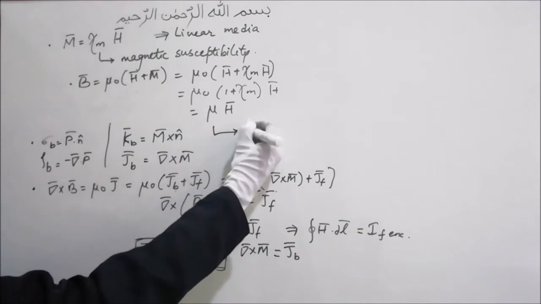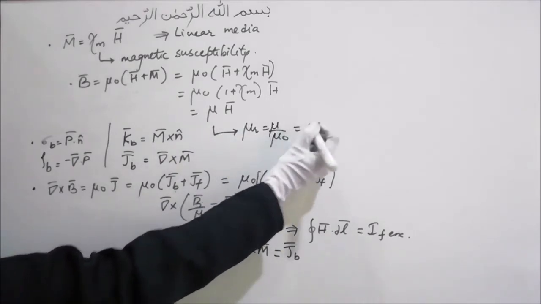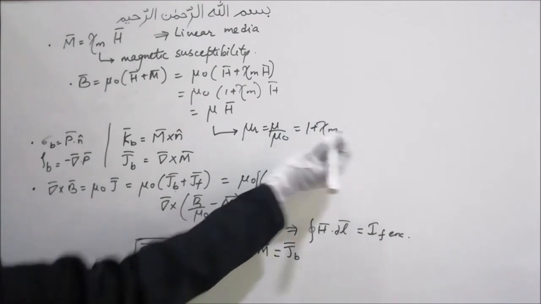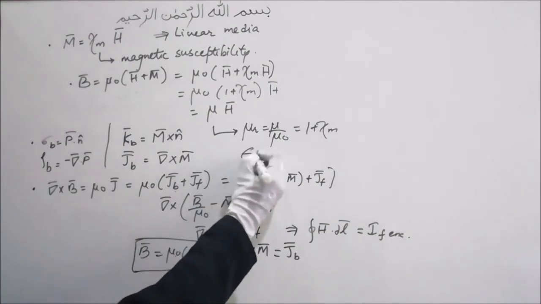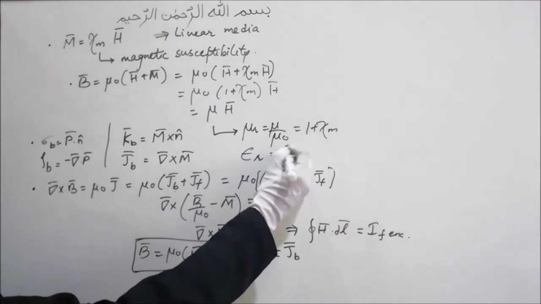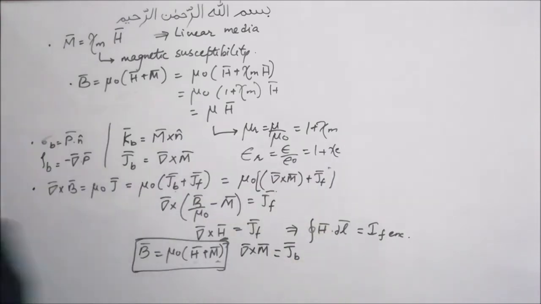Then we have the relative permeability mu R, which is mu upon mu naught is equal to 1 plus chi m. Just like we had relative permittivity epsilon r, which was epsilon upon epsilon naught is equal to 1 plus chi e.